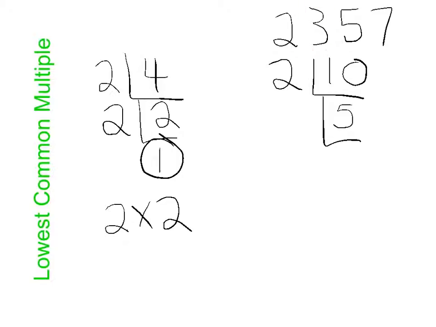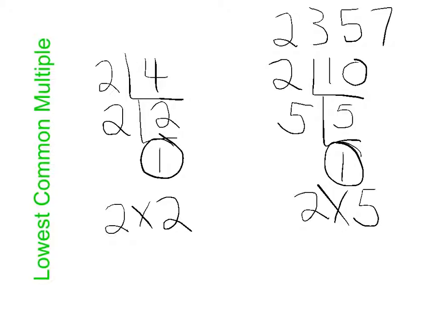Again, 5 divided by 3 would give me a decimal, so I'm going to move to the next highest prime, which is 5. Now, I know that I can divide 5 into 5, and it's going to leave me with 1. So, once again, it's 1 and done. So my two prime factors of 10 are 2 times 5.